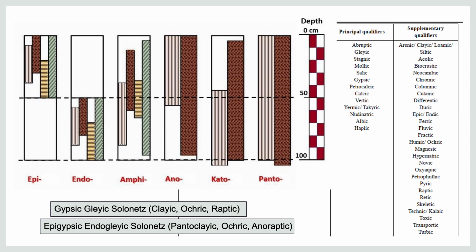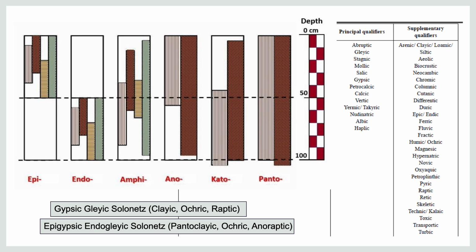We have an endogleyic, we have gleyic properties that start at 50 or after 50, but they end at 100 or before 100.